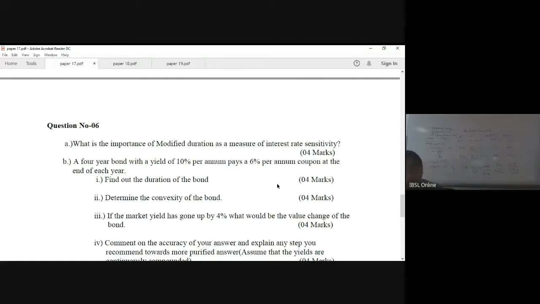So you will get 4 cash flows, one at each year end. First year end you get 60, second year end also 60, third year end also 60, and fourth year end you get 1060 together with the proceeds of the bond. Now our next task is to get the present values calculated on a continuously compounded basis.